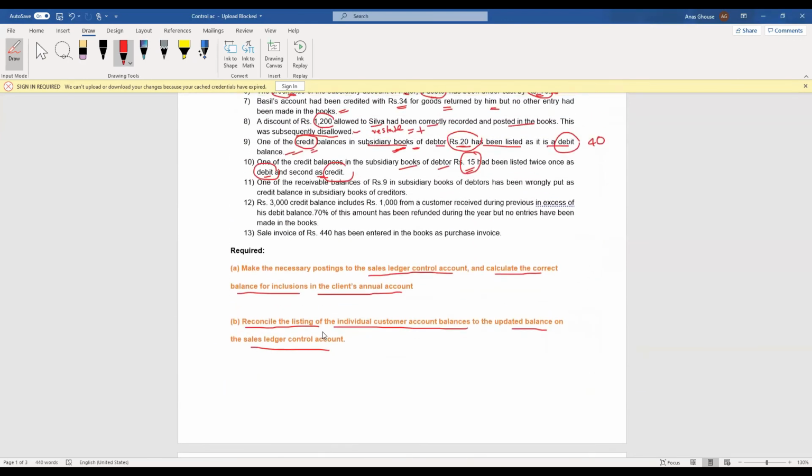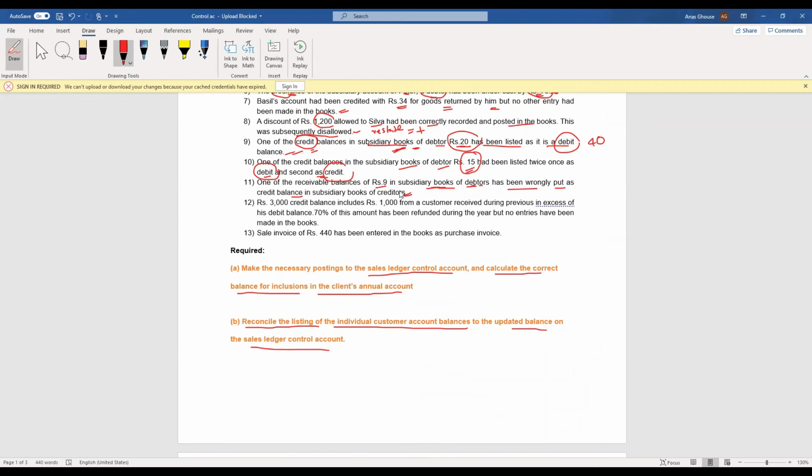Okay, next one: a receivable balance of 9 rupees in the subsidiary books of debtors has been wrongly put as a credit balance in the subsidiary books of creditors. So which means basically the individual account balance of the customer is omitted from the books.